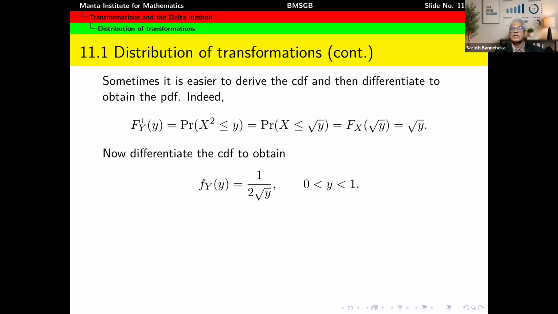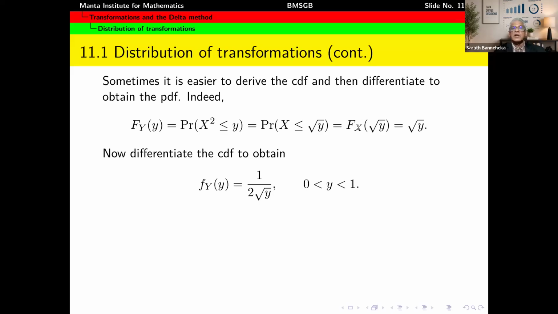So if you get the cumulative distribution function, that's F_Y evaluated at some value y, where this y is a number between 0 and 1, it can be written as probability x square less than or equal to y. But it is now the probability x less than or equal to square root y, because y is between 0 and 1, the negative part doesn't come.